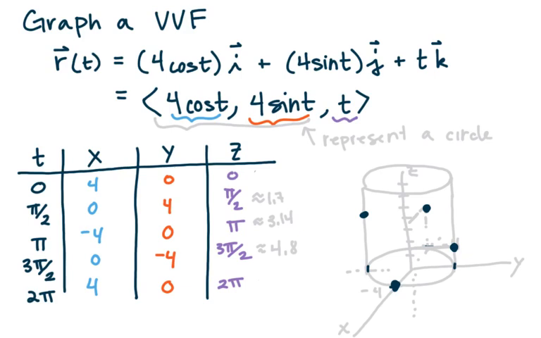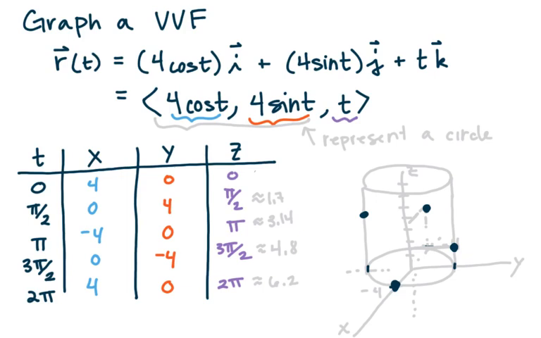And then my last point, coming all the way around, we're at 4, 0, and then we have 2 pi. So 2 pi is approximately 6.2. So 4, 0, and then traveling up here on this axis, 1, 2, 3, 4, 5, 6, we're going to come out.